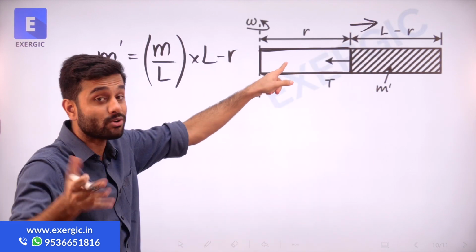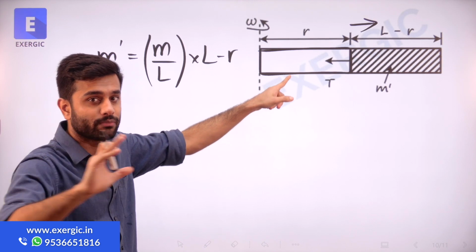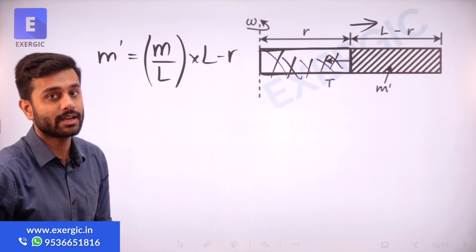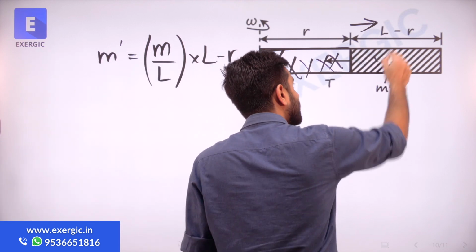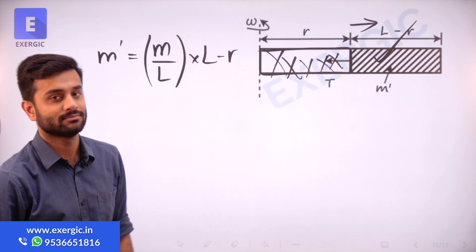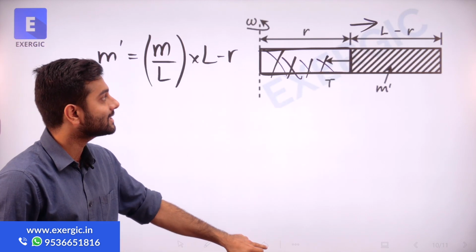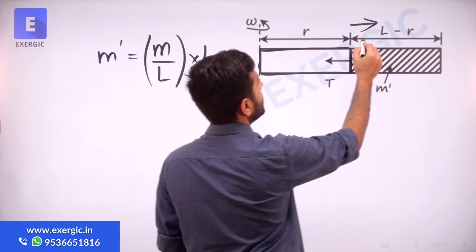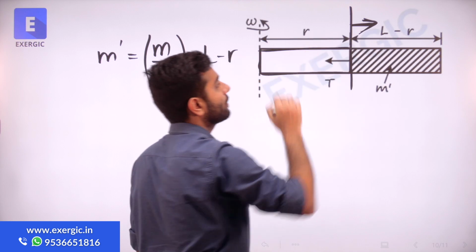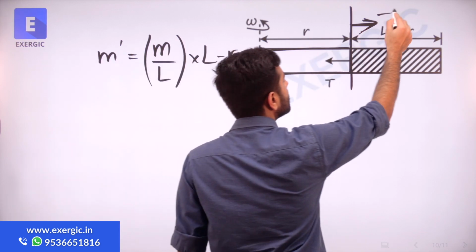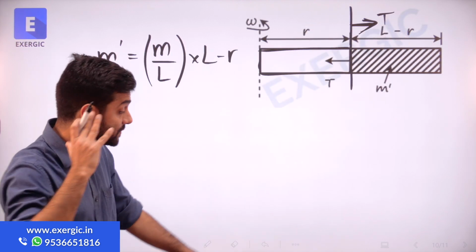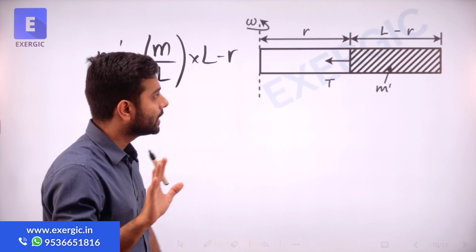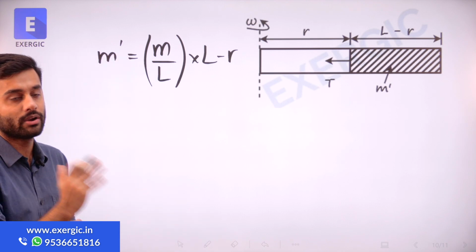Although this mass is not going to be used for calculation of centrifugal force, the effective mass for calculation of centrifugal force is that only. But to represent that, we can choose this as a section and show that on this section this much centrifugal force will be felt, which will be the same, right? So if some of you got confused about how we are showing T towards the center, no need to be confused. Basics of Newton's third law, action and reaction.